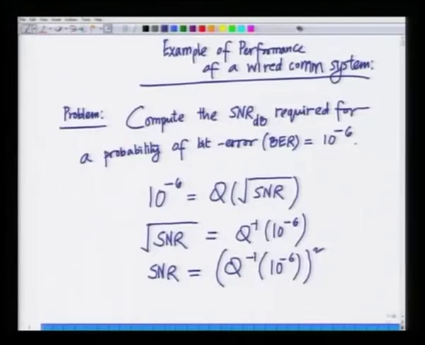So, we have to rely on tables. The value of Q inverse of 10 power minus 6 is 4.7534.